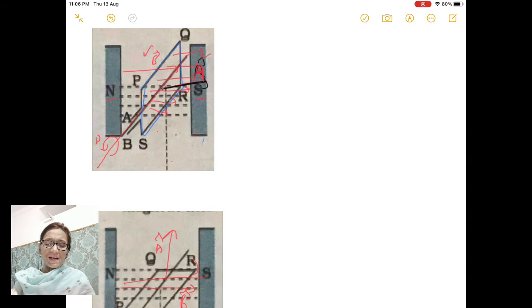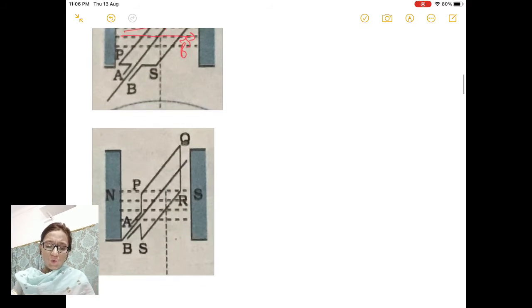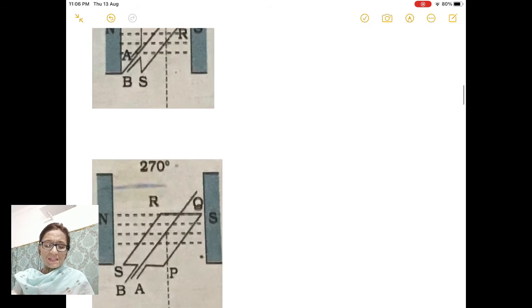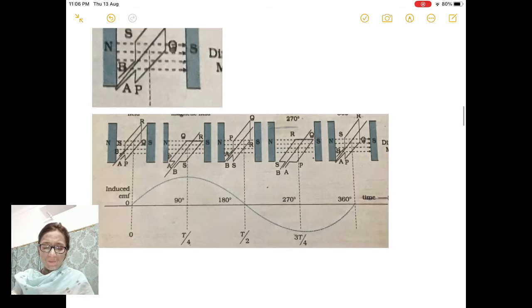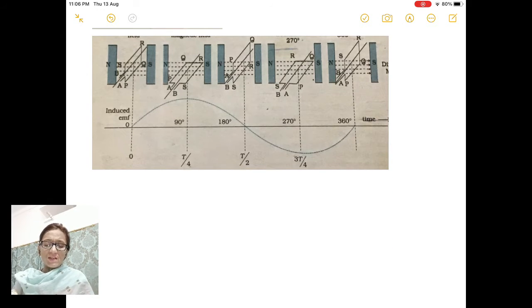So in one complete rotation, flux changes through the rectangular coil. And due to this change of flux, an EMF is induced, which is an alternating EMF, a sinusoidal alternating EMF.